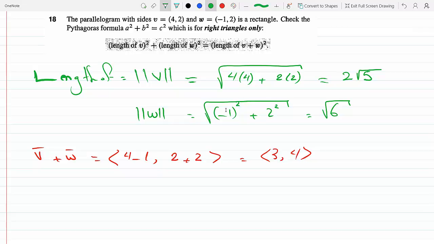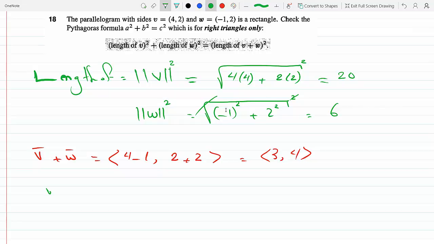Since we need the length squared, I could have squared here and got rid of the square root in one step, so this answer would be 20. And same thing here, this takes care of the square root, and the answer would be 6.